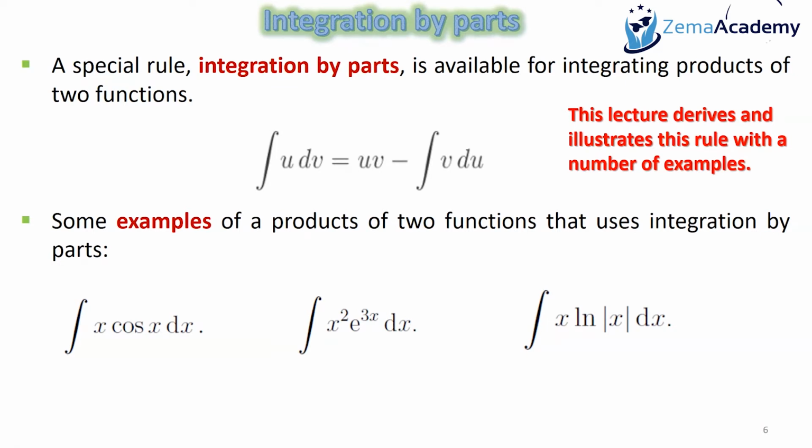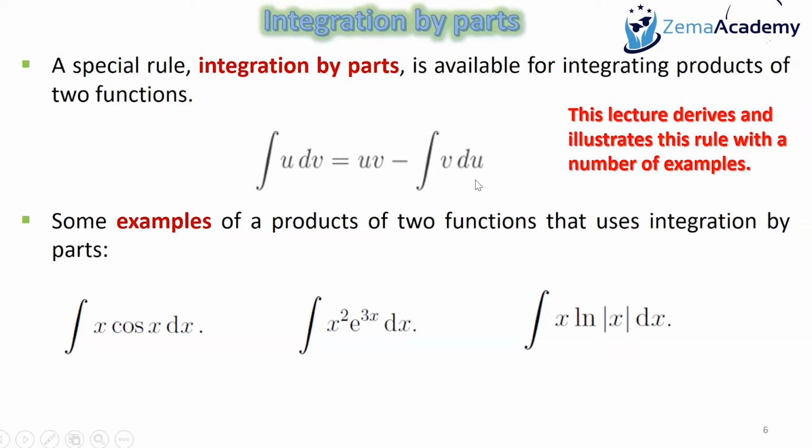I'm going to tell you in a later slide. But at the moment, I just wanted to introduce you to what the integration by parts formula actually is. The integration by parts formula is this: integral u dv is equal to u multiplied by v minus integral v multiplied by du.